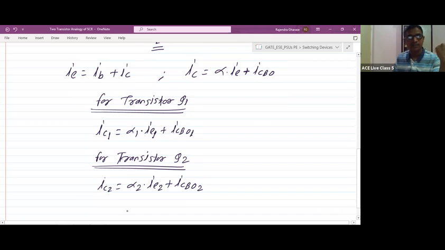Consider these as equation number 1 and equation number 2, the IC1 and IC2 expressions for transistors Q1 and Q2.